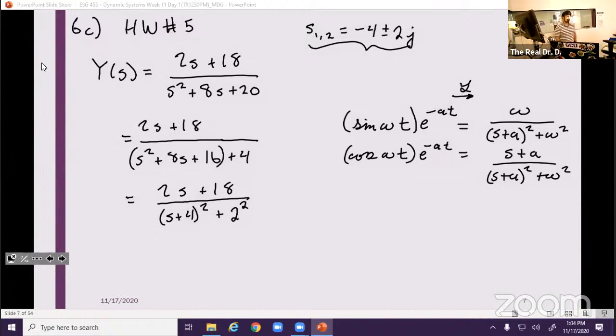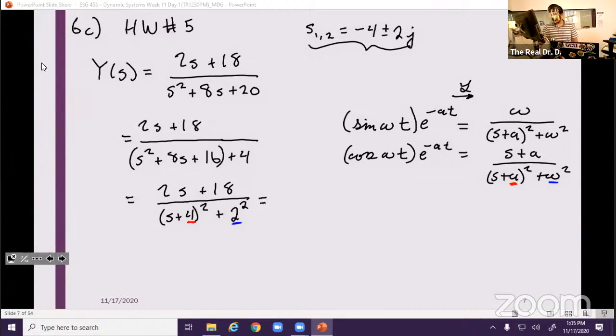It's what it is. s plus 4 squared, right? Well, that's s plus a, so I know a, and I know omega. And so this is nice because I've got a, and I've got omega. The problem is I don't know how much of this is the sine wave and how much of this is the cosine, right? So I still need to figure out A and B.